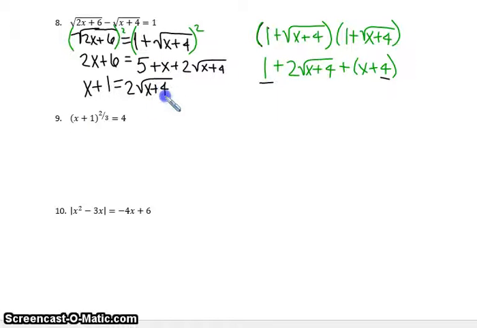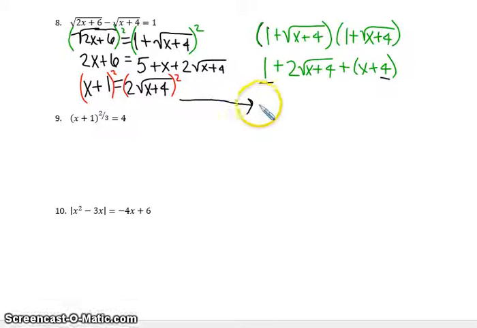Now since the 2 is being multiplied, I can go ahead and square that side. I just can't square it if it's got the plus or minus because it's going to make it more complicated. But since it's being multiplied by the radical, that's okay. So I'm going to square both sides. I'm going to go over here because I kind of ran out of room.